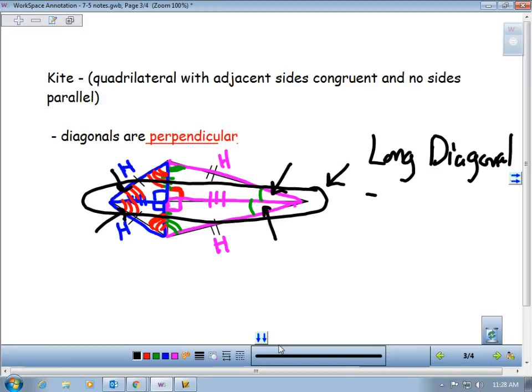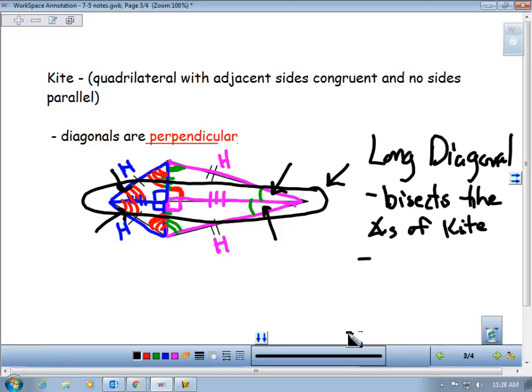Somebody said it. Yeah, bisects them. So the long diagonal bisects the angles of the kite. Okay, and it does one more thing, and it's right here. What does it do to that short diagonal? Yeah, it bisects it. Very good. It bisects the short diagonal.